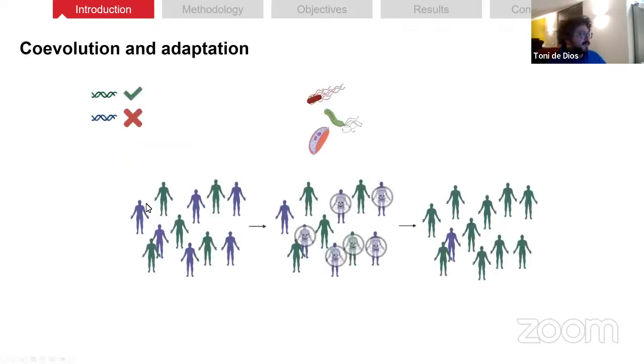As we see with time, if we start from a population with balanced frequencies of these alleles, with time and the selective pressure exerted by the pathogens, we purge most of the population that carries the deleterious alleles, and at the end, the population carries only the allele with good fitness.